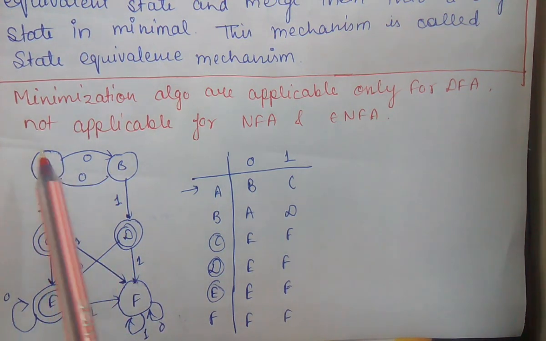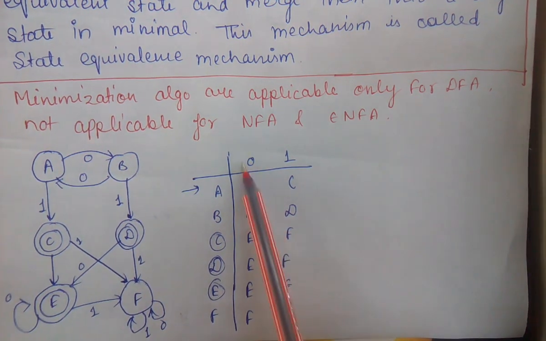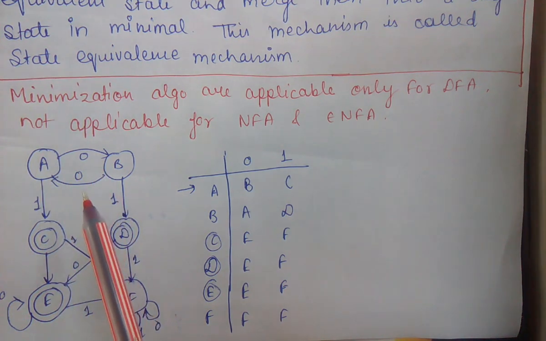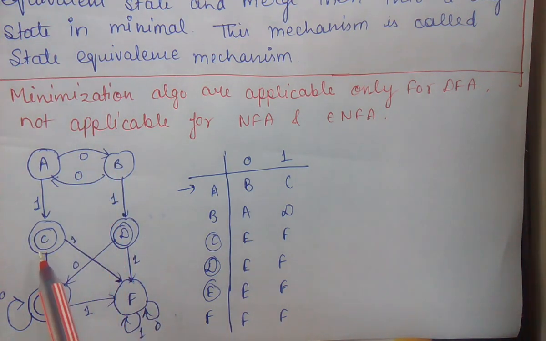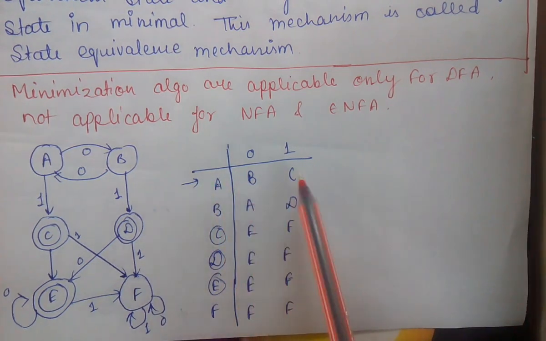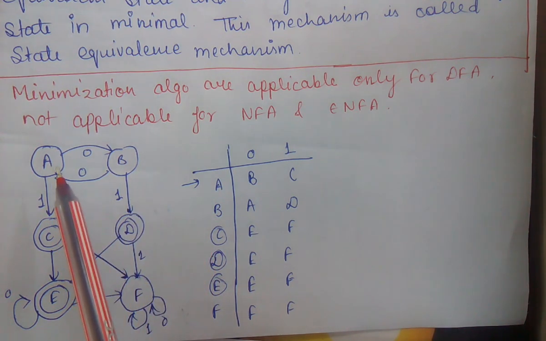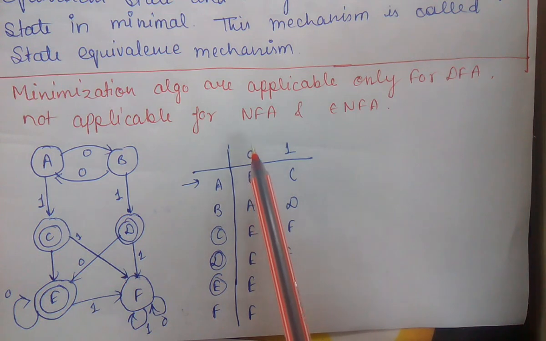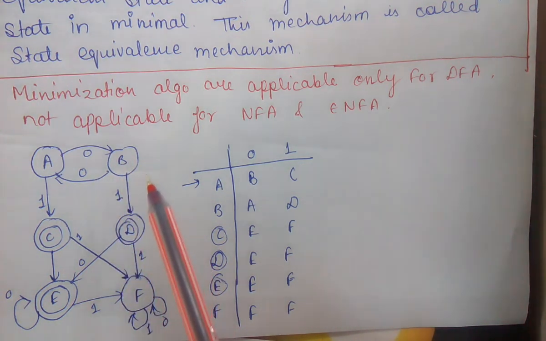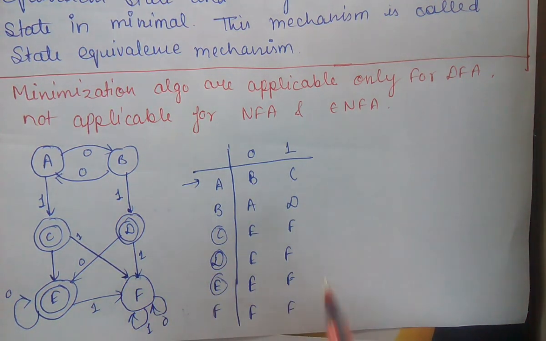If we apply input 0 to A, then it reaches B. Now when we give input 1 to state A, it goes to state C. Similarly for B, on input 0 it goes to state A, and on input 1 it reaches state D. Similarly we fill up all the entries by seeing the transitions.